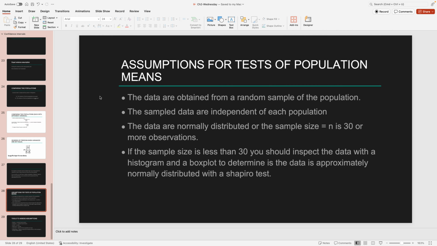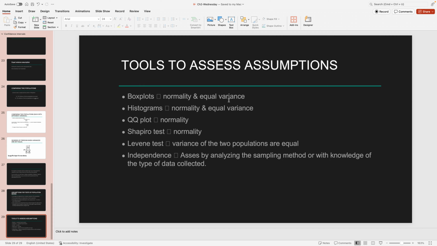So some things that you can do to assess these assumptions: you can look at the box plot. Box plots tell you normality and equal variance. Histograms, same thing. QQ plots just assess normality. Shapiro tests only assess normality. Levene's test only assesses whether the variances of the two populations are equal.